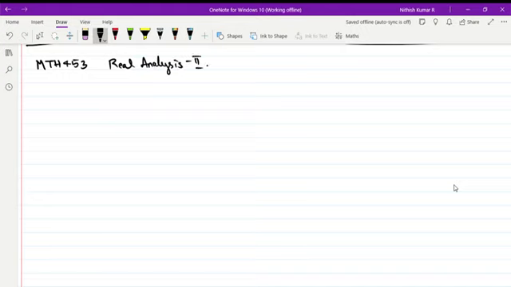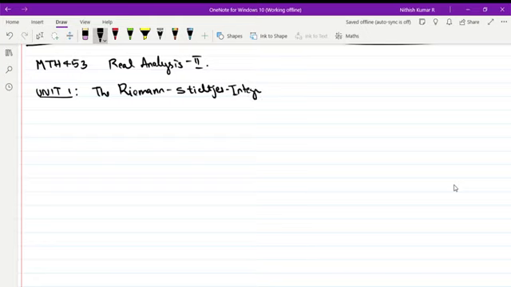Now, unit 1 is the Riemann-Stieltjes integral. It is a little bit difficult to pronounce this word.